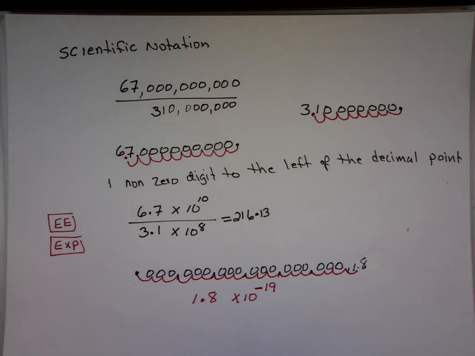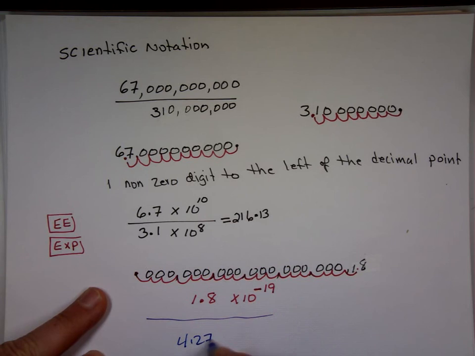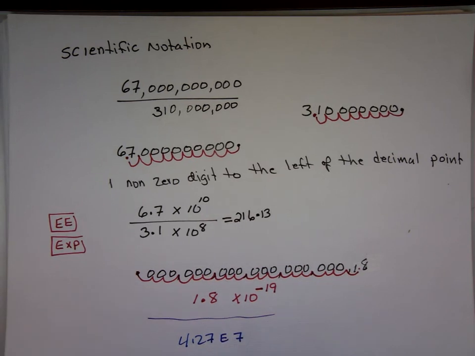Sometimes you get your answer and people say, look what I get for an answer. I go, what did you get? I got this number for an answer: 4.27, and it says E7. What does that mean? Notice that number is positive, 7. You got to move that decimal point 7 places to the right. They make it bigger.